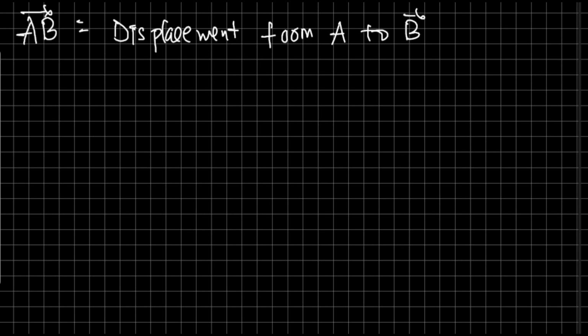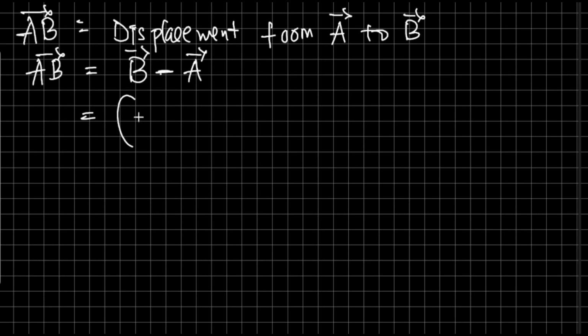Let me write this formula. AB is called the displacement from A to B. Remember, these are vectors, so whenever you are writing a vector, you put an arrow on top of the letter. AB is calculated as B minus A. Take note, it is B minus A: you subtract the first vector from the second vector.